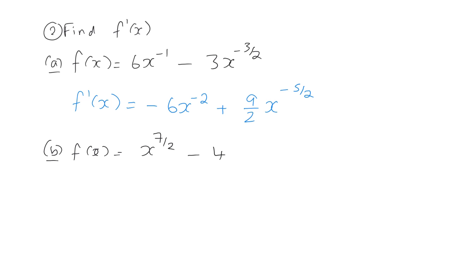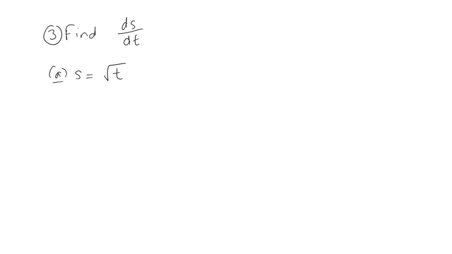Okay, f of x then equals x to the power of 7 over 2 minus 4. When we differentiate that, we get 7 over 2x. Take 1 away, that will give us 5 over 2. And when we differentiate a constant, it goes to 0. So using other letters then, now we're going to find ds by dt.